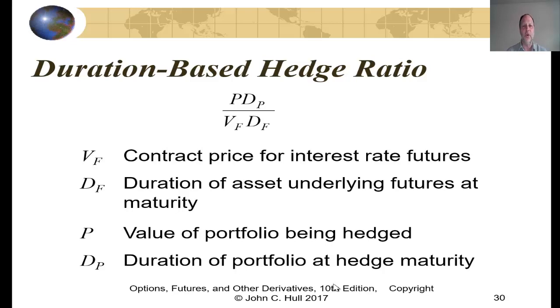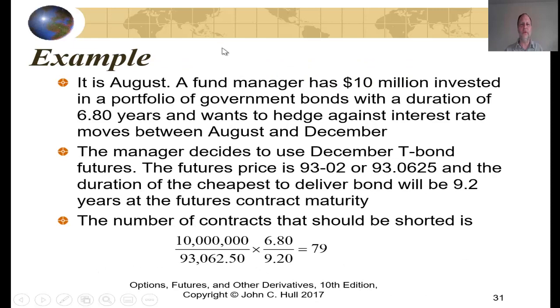So this hedging ratio would be defined as P D_P over V_F D_F, where P is the value of the portfolio being hedged, D_P is the duration of the portfolio at hedge maturity, V_F is the contract price for interest rate futures, and D_F is the duration of the asset underlying the futures at maturity. Let's look at an example involving hedging using Treasury bond futures.